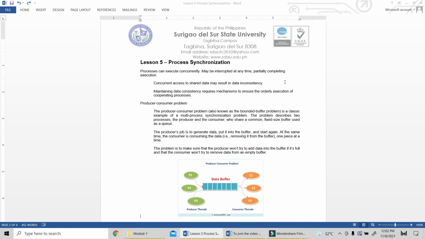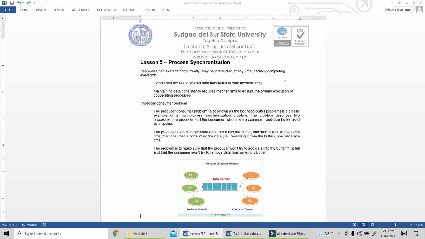So first of all, why do processes have to be synchronized, or what is the need of process synchronization? Again, to improve the process and memory utilization, we will always go for multi-programming.